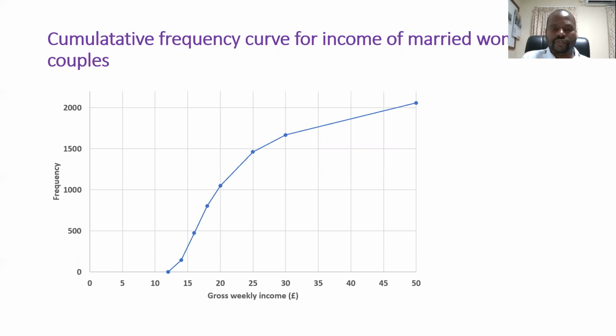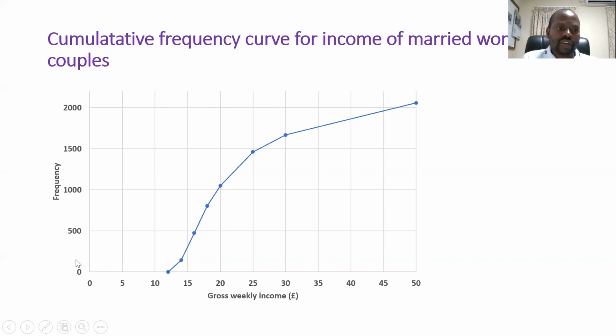Now, the first question is that we should get the first decile. That is the gross weekly income, the x value, where 10% of the total number of values lie below it.